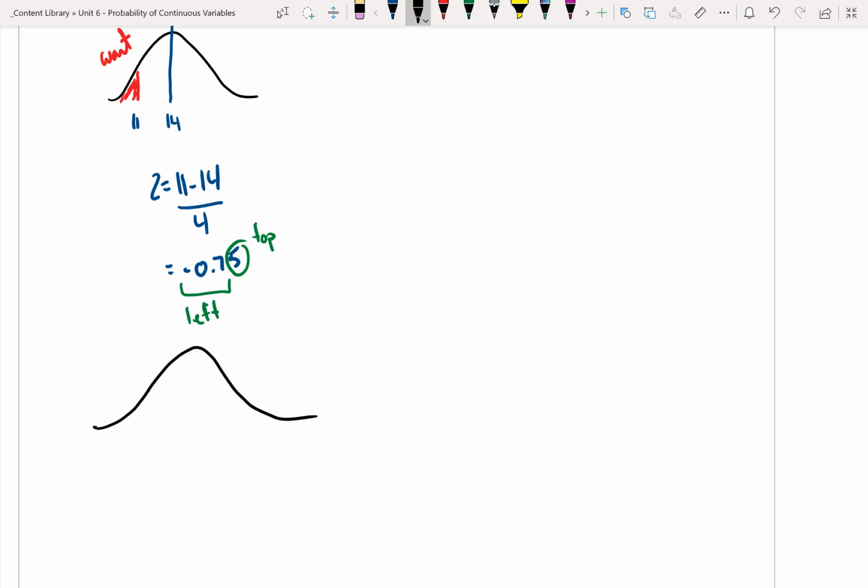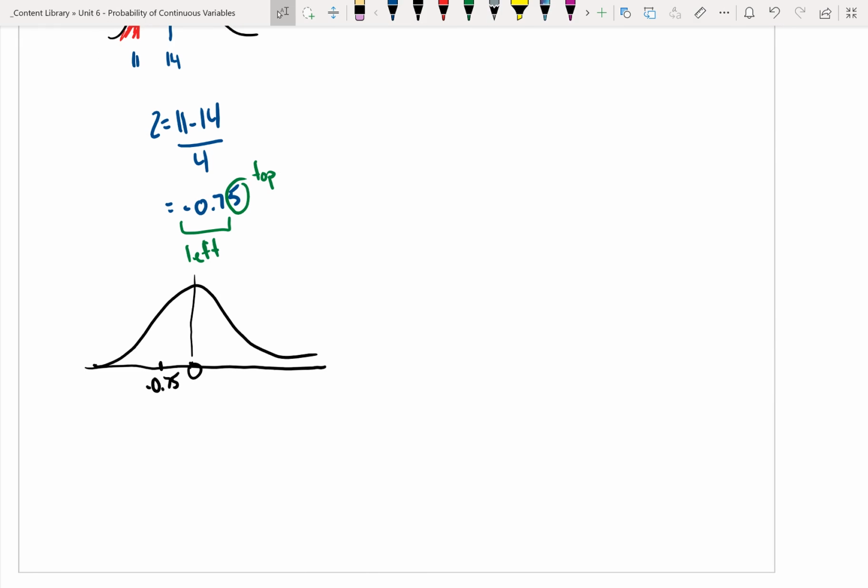Again, if I have the middle value as 0, then this is negative 0.75 standard deviations away from the mean. So negative 0.75. So that's where everything tends to be.